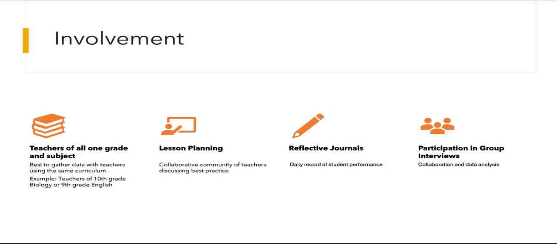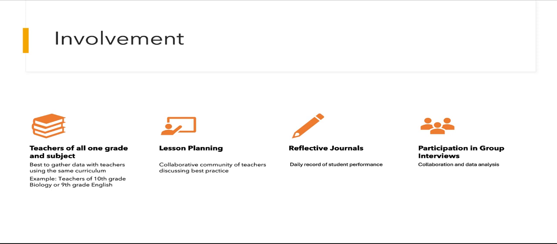So, the involvement that our teachers would need to have is we can start this on a small scale as one department in the school, or we can start it as a larger group in many departments. But to keep our test subjects consistent, you want to have teachers that teach all one grade of students and the same subject.